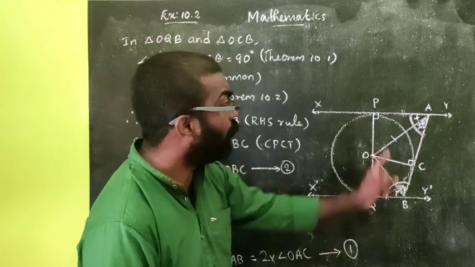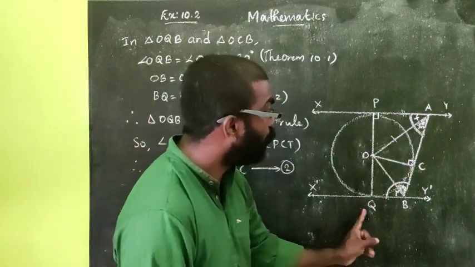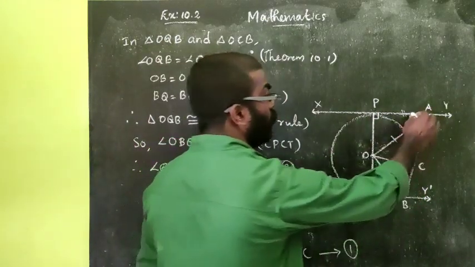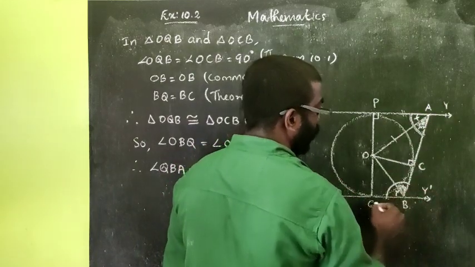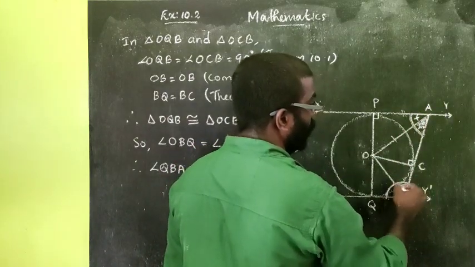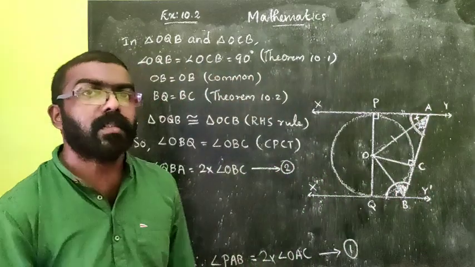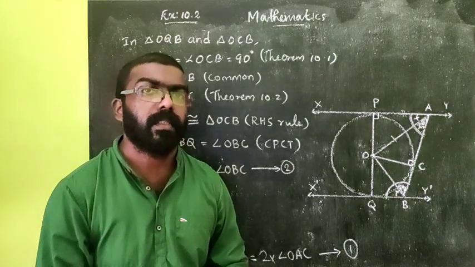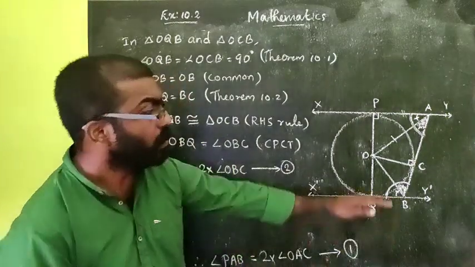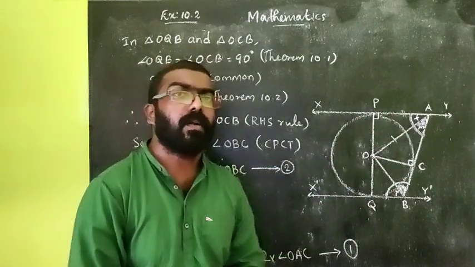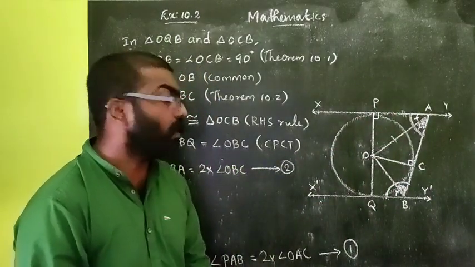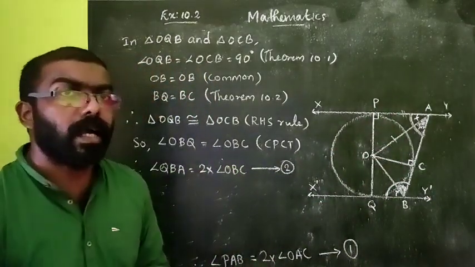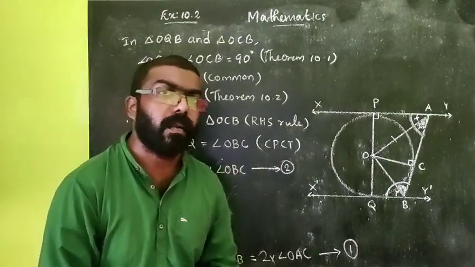So what about the angles PAB and QBA? These are interior angles on the same side of the transversal, right? We can say co-interior angles, allied angles, or consecutive interior angles.